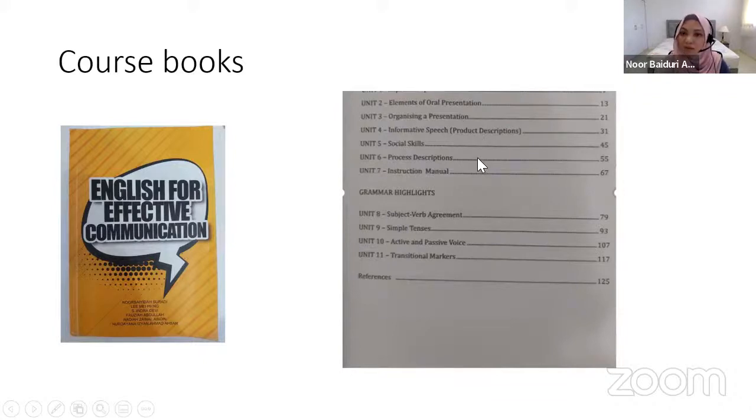That's what they deal with a lot. And process description in the technical field, they have to describe processes, maybe mention precautions at the lab, at the production line, things like that, instruction manuals. Even for the grammar, the samples would be in technical context. That's what we prepare in the module.